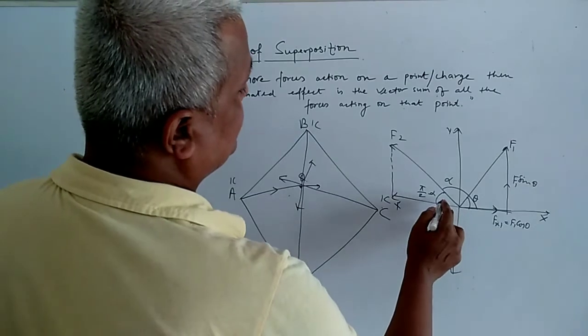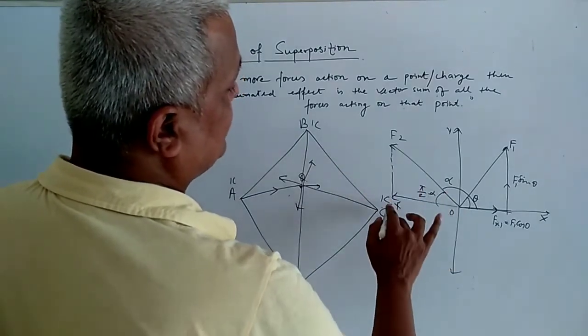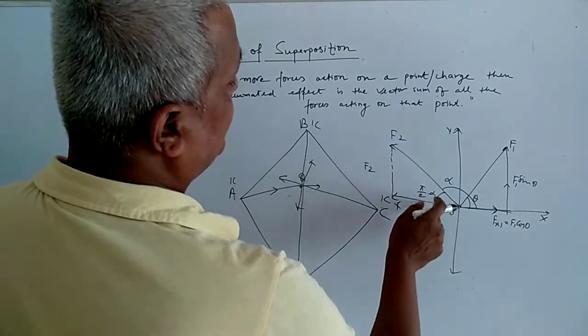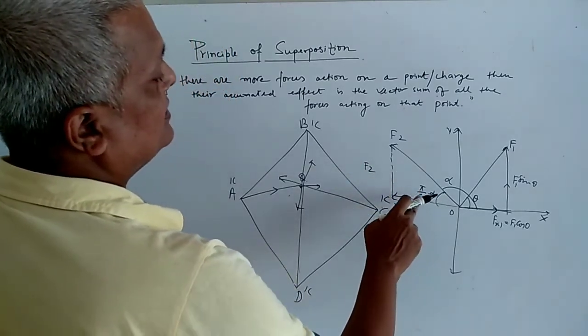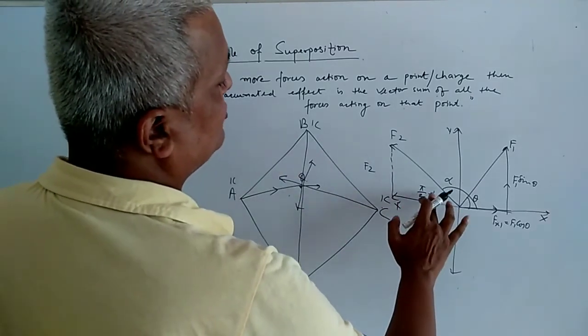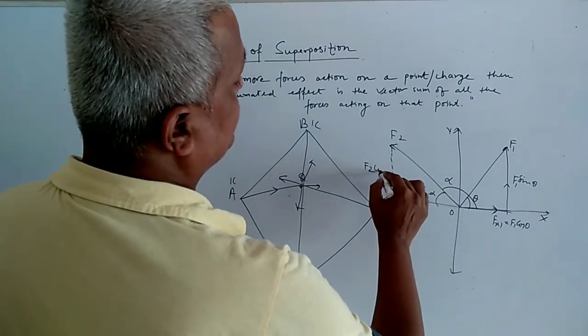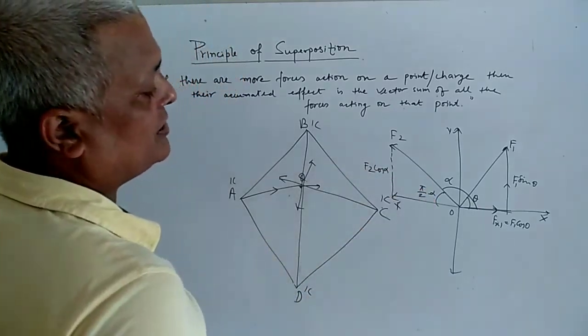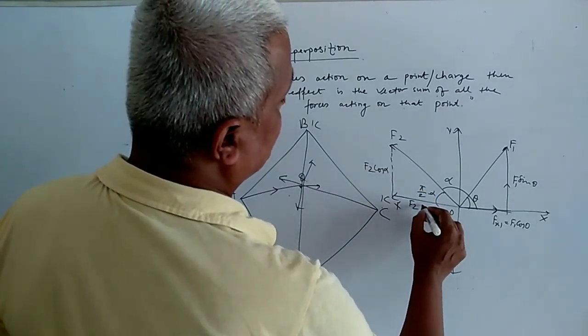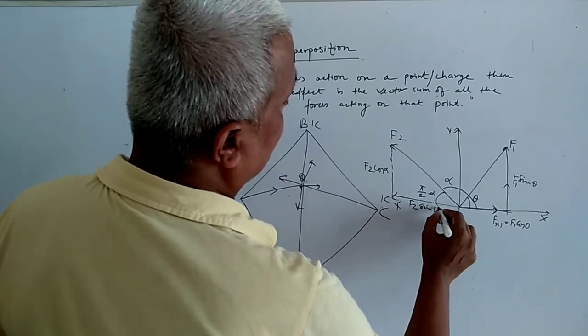If I use this angle to find the component, the vertical part will be F2 sine of pi by 2 minus alpha, which becomes F2 cos alpha, and the horizontal part becomes F2 sine alpha.